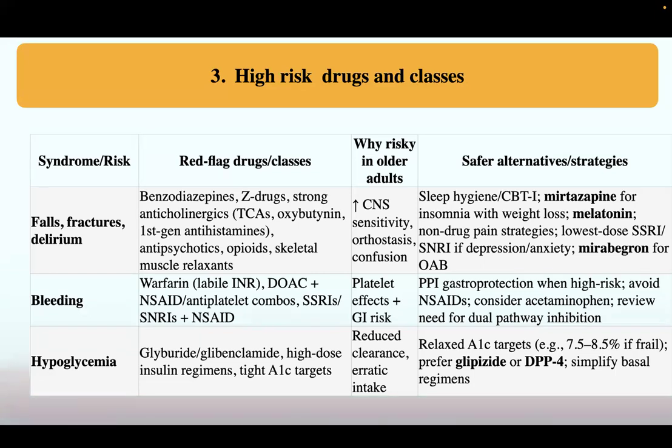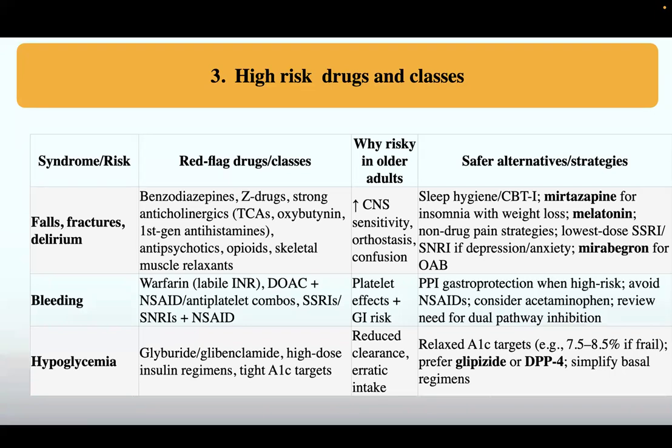Very good example, mirabegron. Mirabegron is a medicine used for OAB. What is OAB? That is overactive bladder, okay. So basically this is a very specific agent you can go for which is safe in geriatric care. Same goes with the bleeding risk.